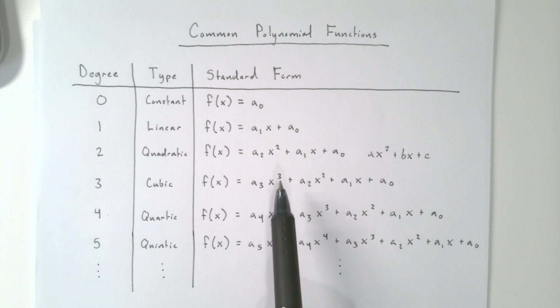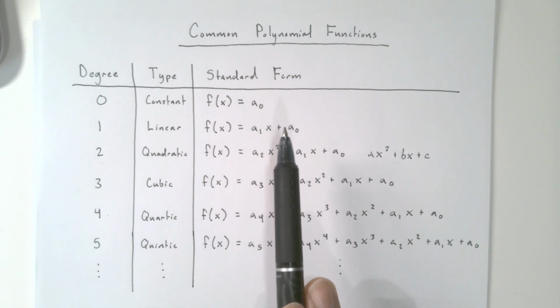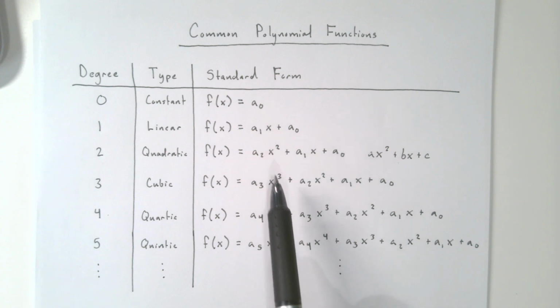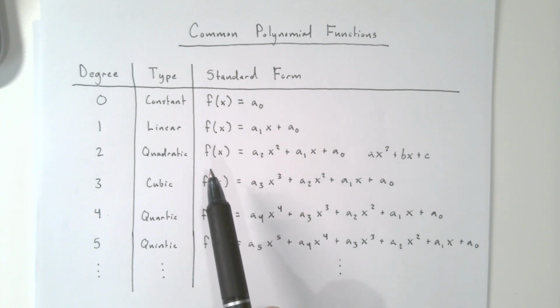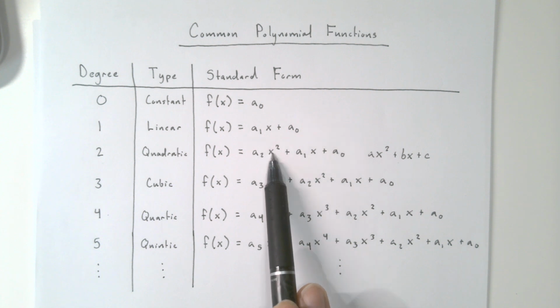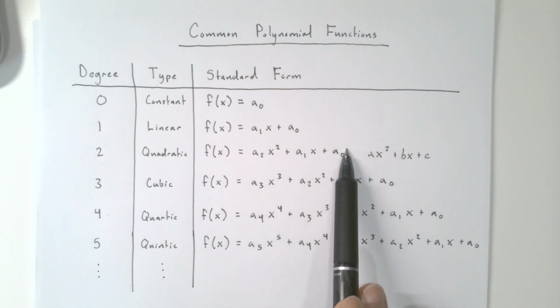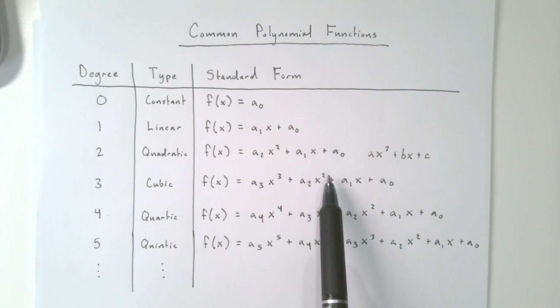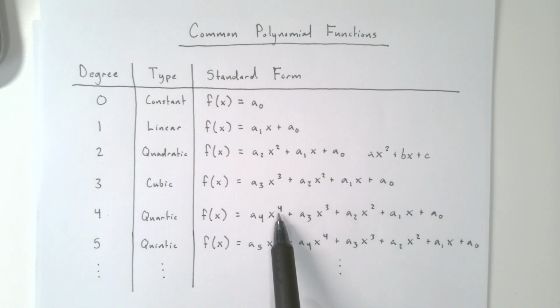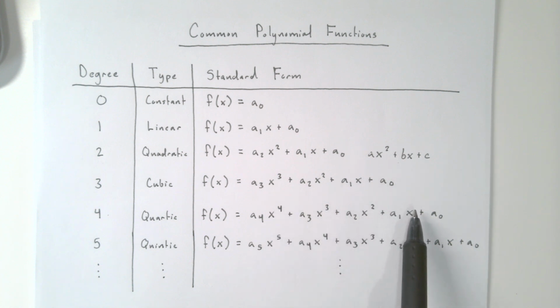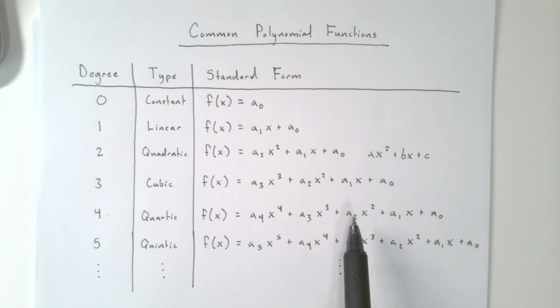Notice again, all the exponents here are in descending order, so it becomes probably clear by second or third degree polynomials. We have second, first, 0th, third, second, first, 0th, fourth, third, second, first, 0th.